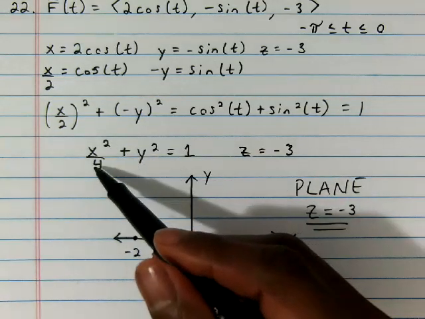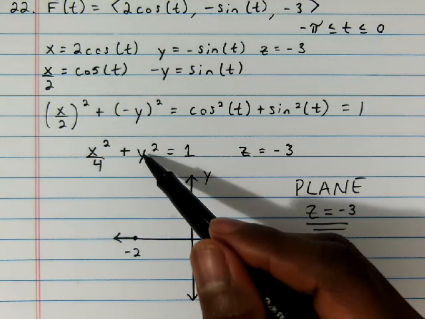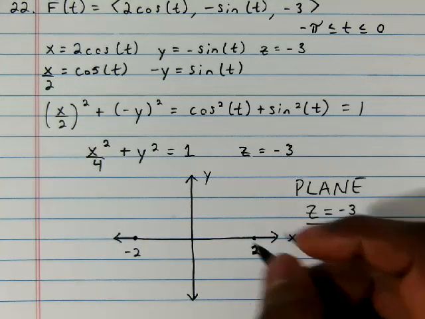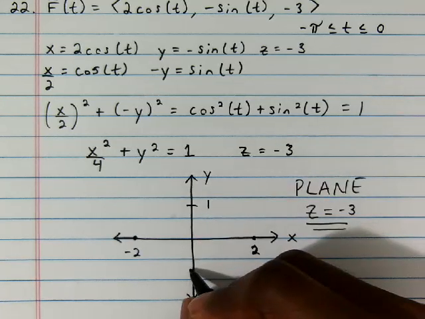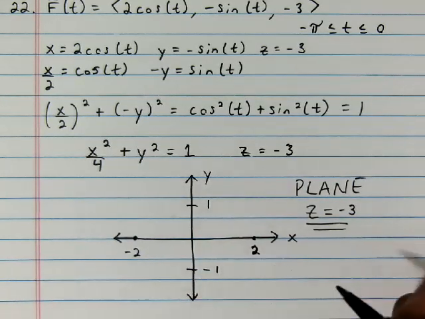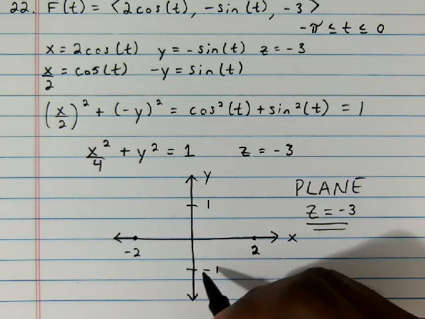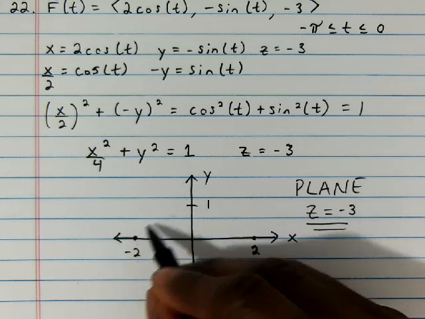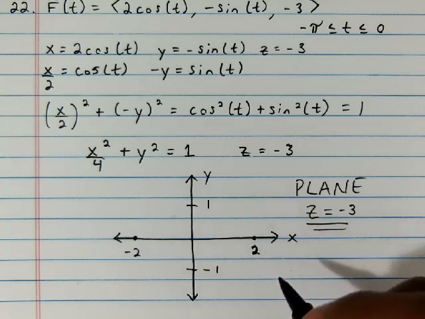If x equals 0, y would be equal to plus or minus 1. So actually, instead of even putting points there, let me just put hash marks. So this is 1, that's -1, and then we'll put in the points that actually apply. All right, so now this would be that ellipse if I were to plot those points and then just connect all of those with an ellipse, then that would be the entire figure.